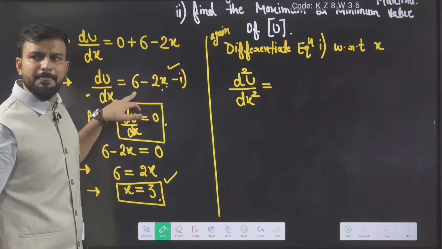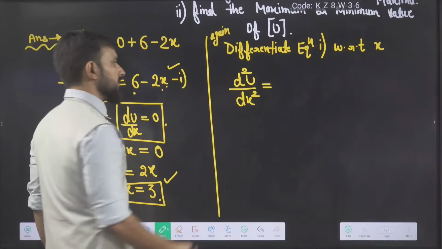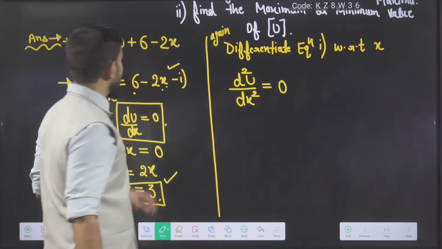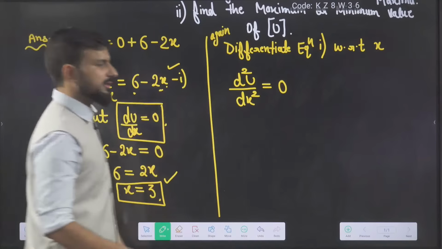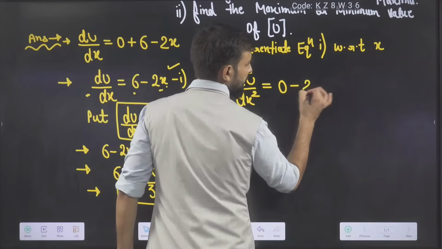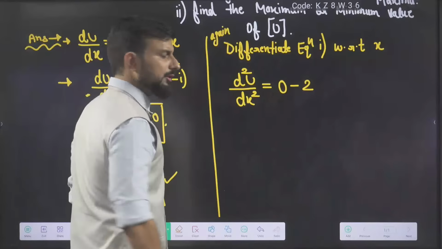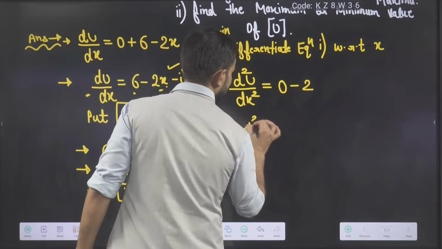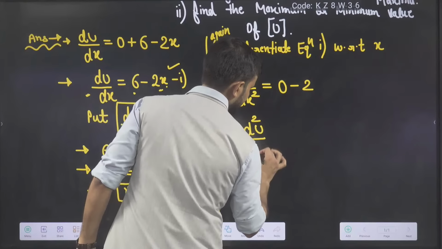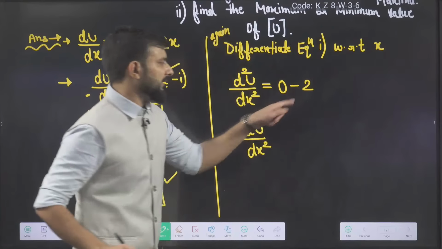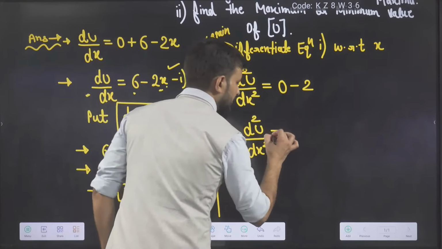Differentiate this again. What is the differentiation of 6? 0. What is the differentiation of minus 2x? It will be minus 2. Right? So what is the double differentiation you are getting? d2u upon dx square is minus 2.